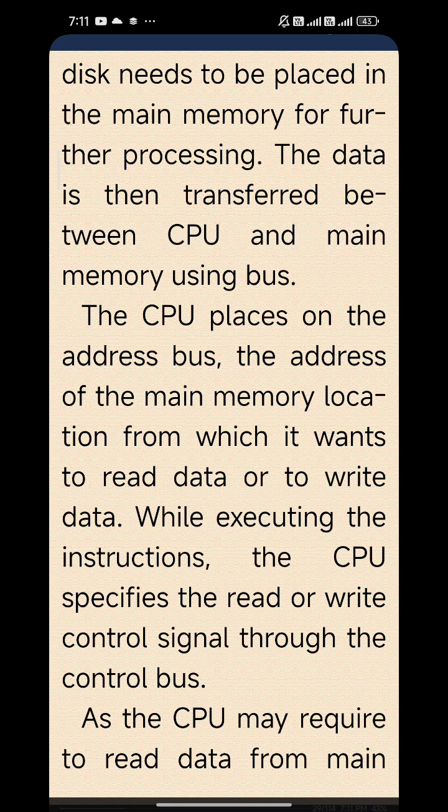The CPU places on the address bus the address of a main memory location from which it wants to read data or to write data. While executing the instruction, the CPU specifies the read or write control signal through the control bus.